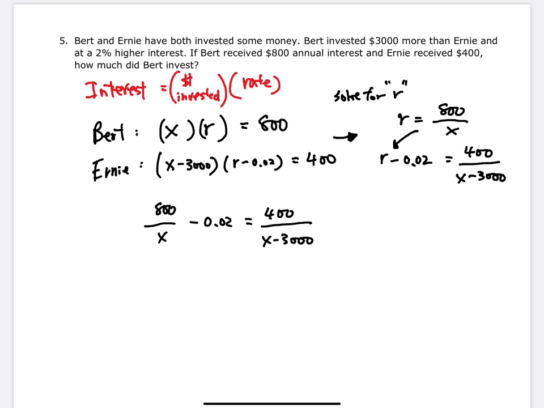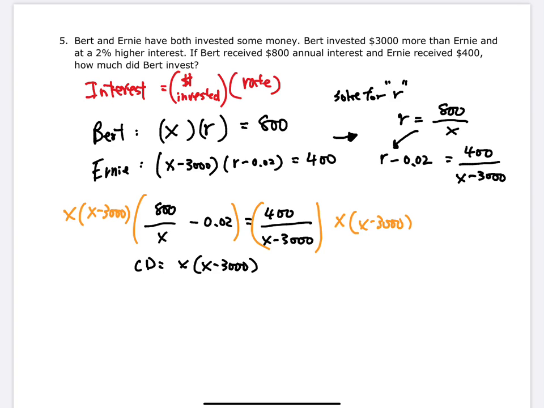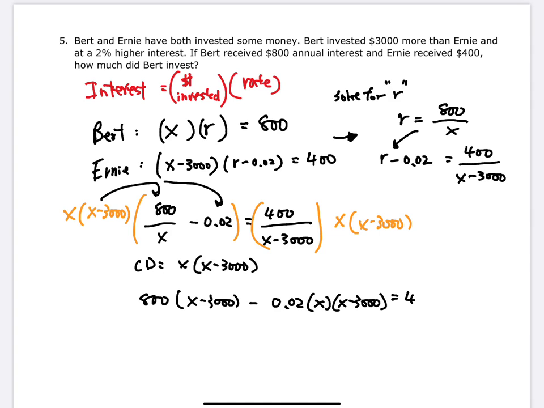Okay, and another rational equation, so my common denominator is going to be X times X minus 3,000, and we're going to multiply that on both sides. Alright, so once you distribute, we get 800 times X minus 3,000 minus 0.02 times X minus 3,000 equal 400X.